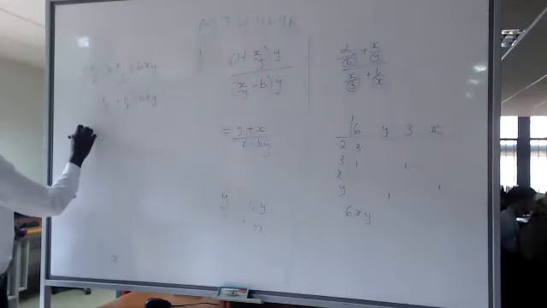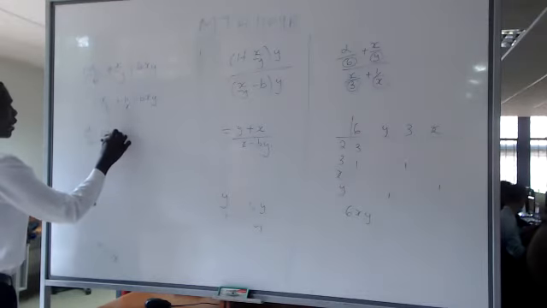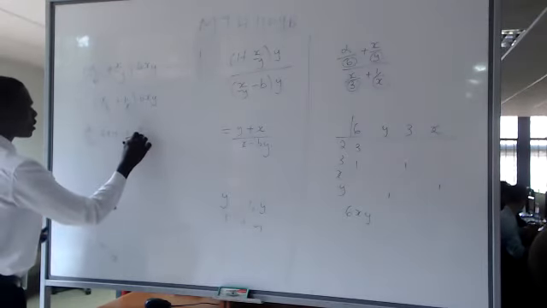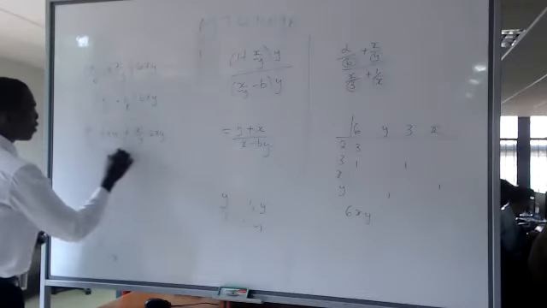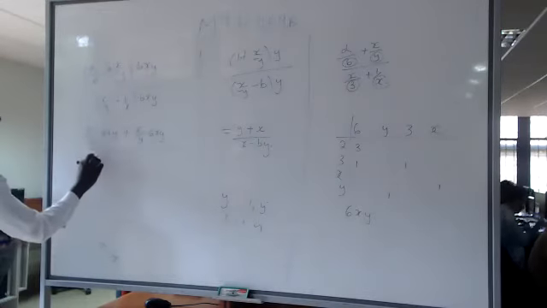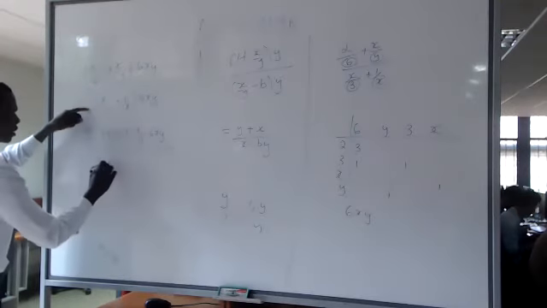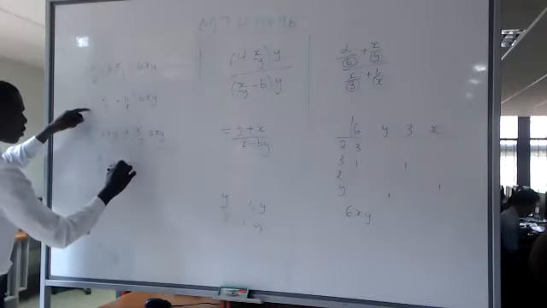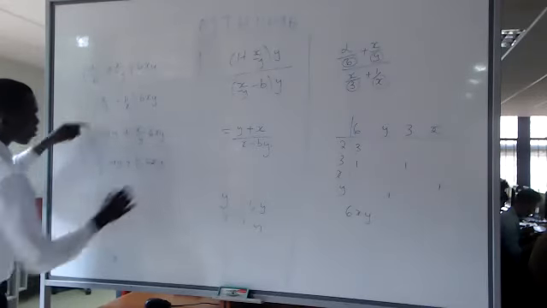First we have alpha divided by 6 times 6xy plus x divided by y times 6xy, all of this divided by x divided by 3 times 6xy plus 1 divided by x times 6xy.